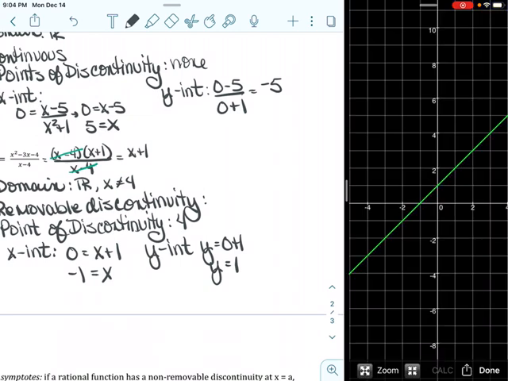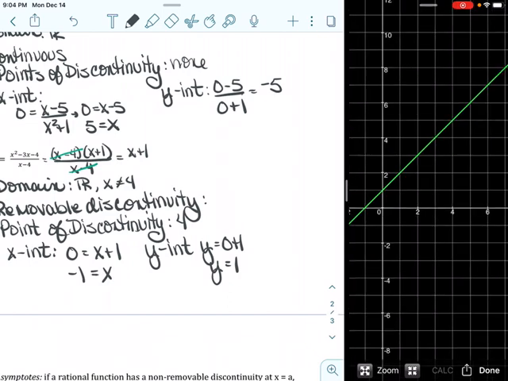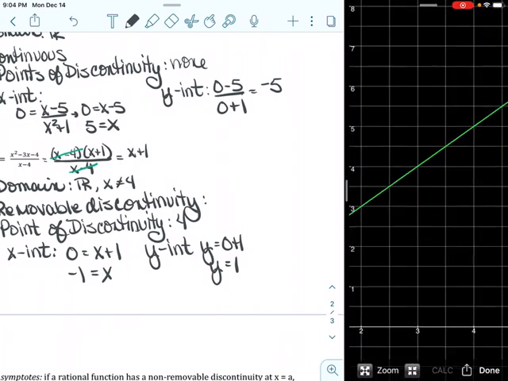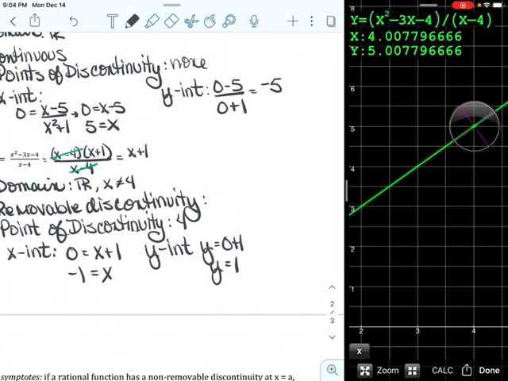Okay, so it doesn't look like it's discontinuous, but if I move this over at 4, I kind of zoom in, maybe I can get it to show it. No, I don't think so. But if I put my marker there, it's what it's going to be, which would have been 5.